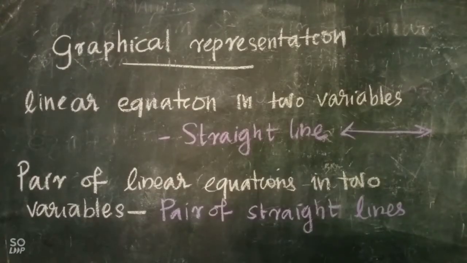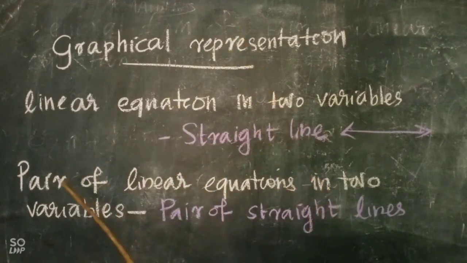Now we can discuss the graphical representation of linear equations in two variables. This also you have studied in 9th standard. The graphical representation of linear equation in two variables is a straight line.